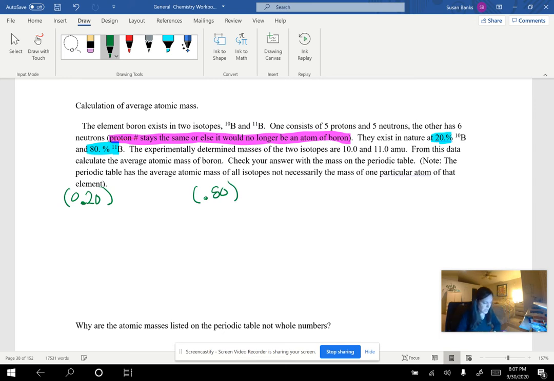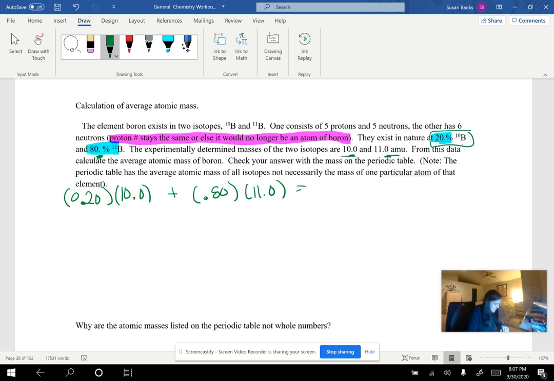Do you guys agree with that? Then I also need to multiply the masses that they are associated with. So the 20% is associated with boron 10, which is a mass of 10. And the 80% is associated with the 11 AMU. I'm going to add those up, and when I add those up, I'm going to get an average mass.